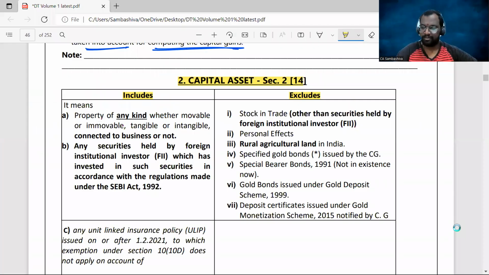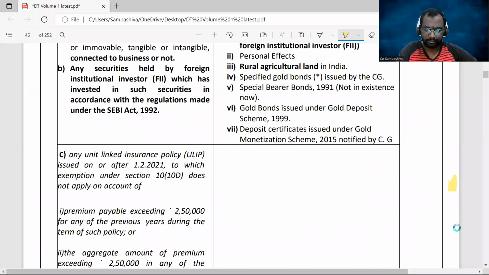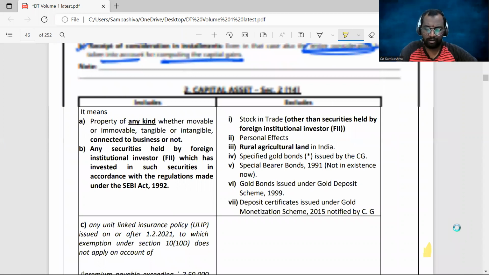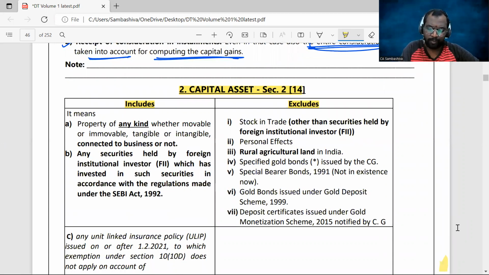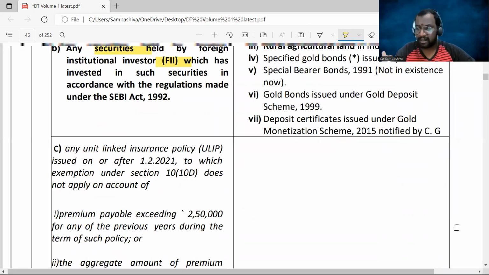The first one I've already explained, points A and B. It includes property of any kind, whether movable, immovable, tangible or intangible, connected to business or not, whether that asset is connected to your business or not is irrelevant. And any securities held by the FIIs which have invested in such securities in accordance with the SEBI regulations, right? Next, the third one, which is a latest amendment.